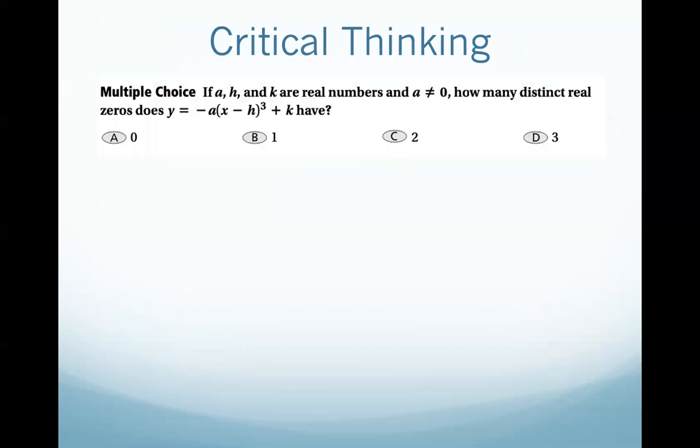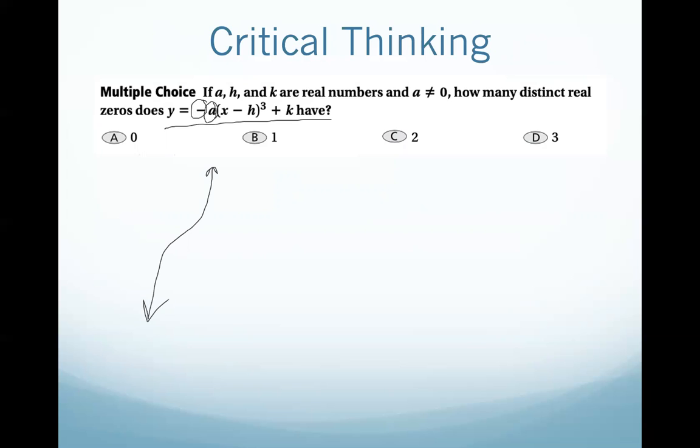Okay, so let's do a critical thinking check. We have a, h, and k that are real numbers. We have here a cubic function, and we want to know how many zeros it has. Well, let's start out with the basic shape of a cubic function, like this, right? We know that x cubed has this shape. Now I'm going to multiply it by a and a negative.